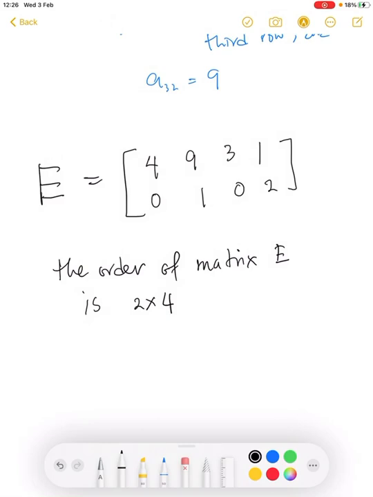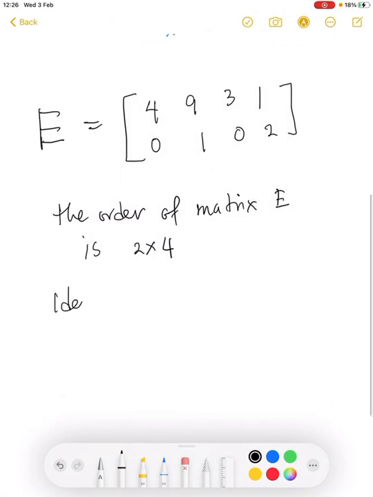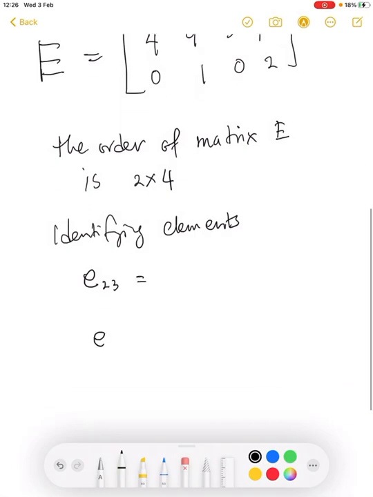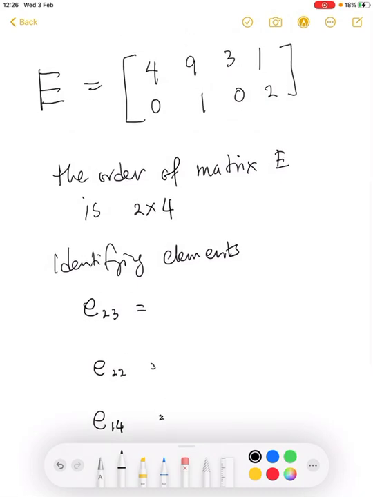Okay, identify the elements in matrix E. Identifying elements: E2 3, E2 2, E1 4. Since we are using the capital letter E for the matrix, for the elements we use the small letter e.